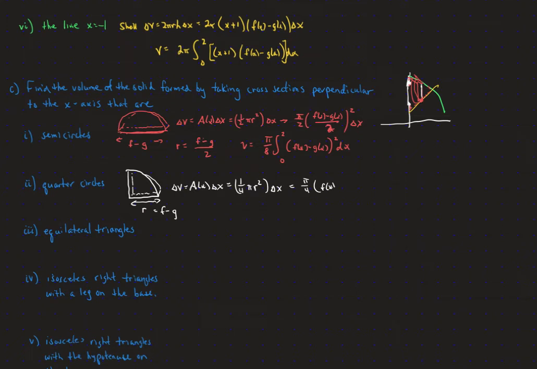So for the quarter circle, our delta volume is pi over 4 times f of x minus g of x squared delta x. So that means the constant that's outside our integral is going to be pi over 4. Isn't that kind of interesting compared to the pi over 8 that we got for the semicircle?